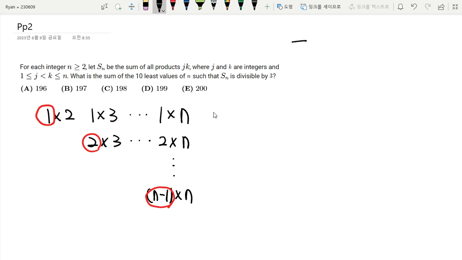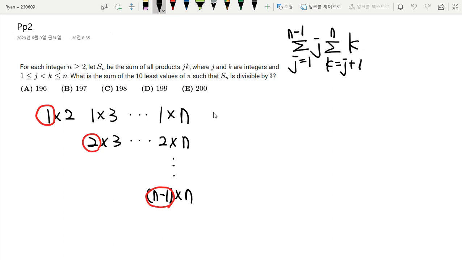So that means if we use the sigma notation, j is 1 to n minus 1. And for k, we need another sigma notation. And k is always greater than j, so k starts from j plus 1. And then k will end with the n, and that makes k's sigma notation.